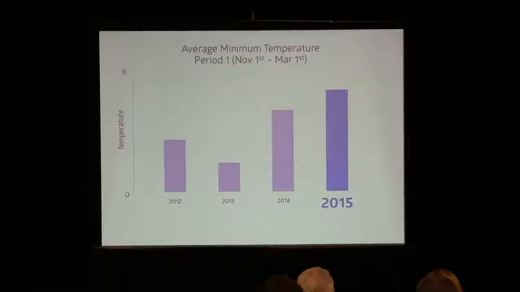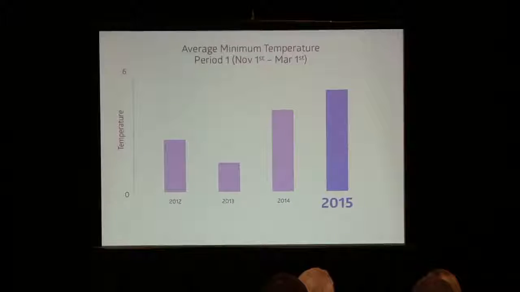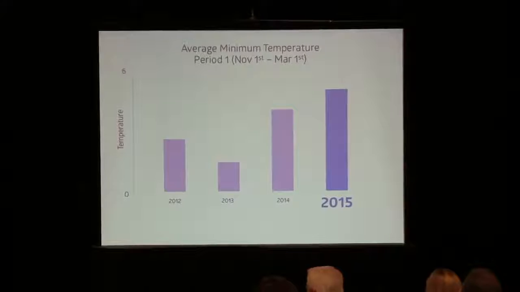Here I chose to show you that it was also true with minimum temperature, since the minimum temperature in 2014 during that same period, which was one of the warmest years on record, is still 1 degree Celsius below the minimum temperature on average computed over period 1. So the trend is there. We see that there is a warming up of the soil, which is the reason why a lot of the work today in the literature focuses on how soil temperature is messing up with the plant developmental cycle.